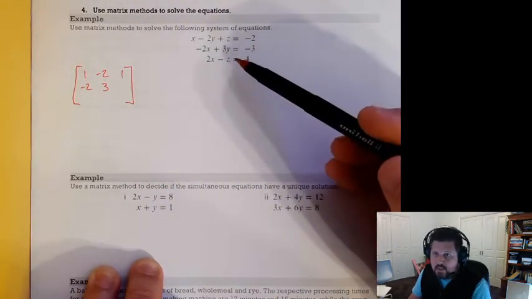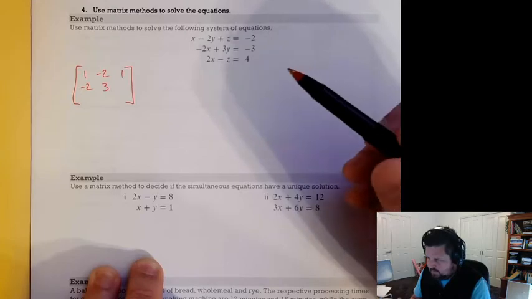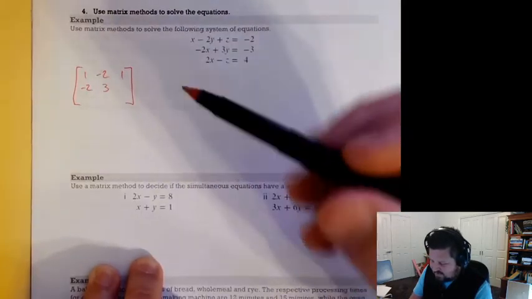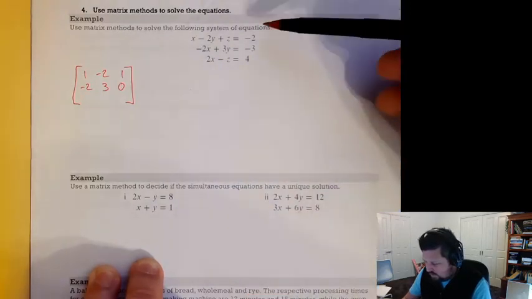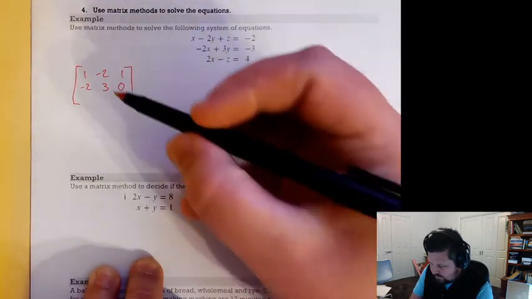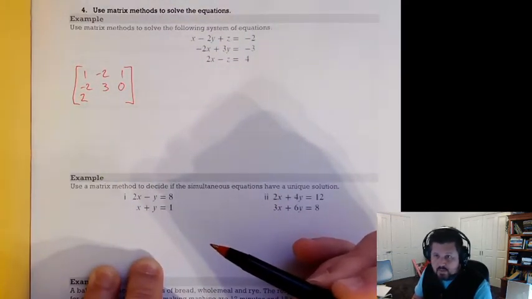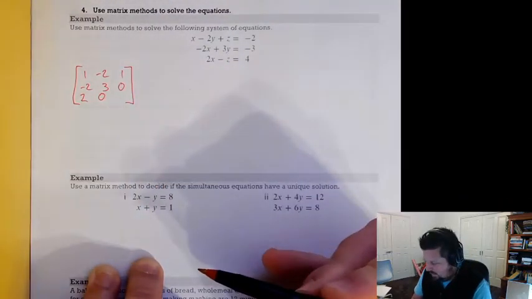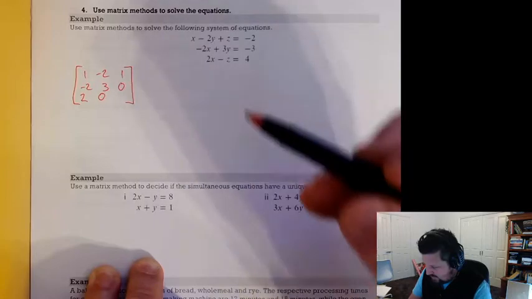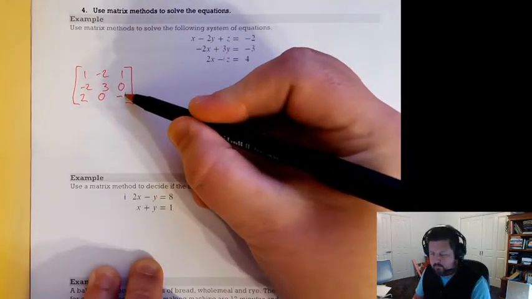There's no z variable. In this particular case, you need to write down that there's 0 of those. The last equation here, we've got 2 lots of x, so the coefficient is 2. Again, there's no y variable in the third equation, so you must put down the 0. And we've got negative z here, which means negative 1 lot of z, so put there negative 1.